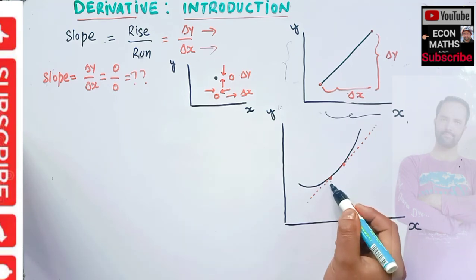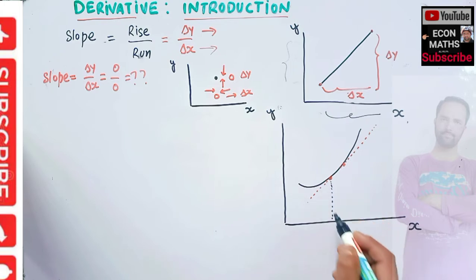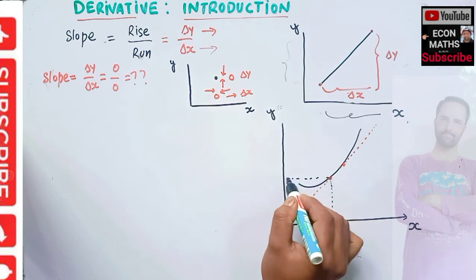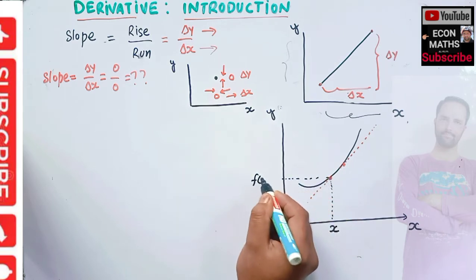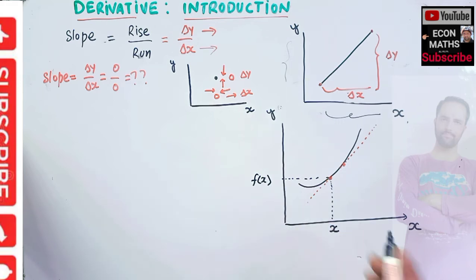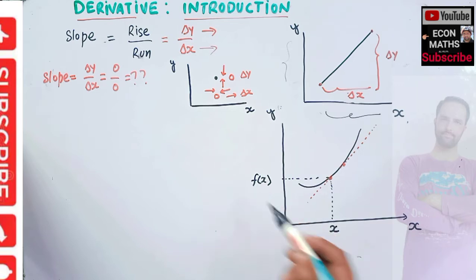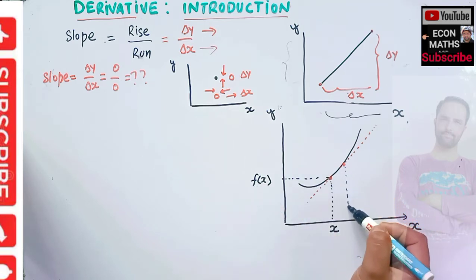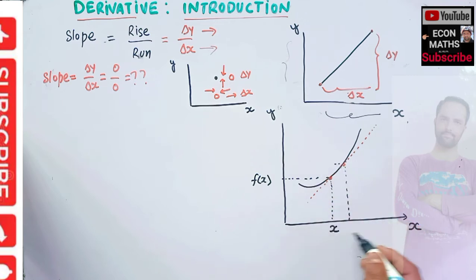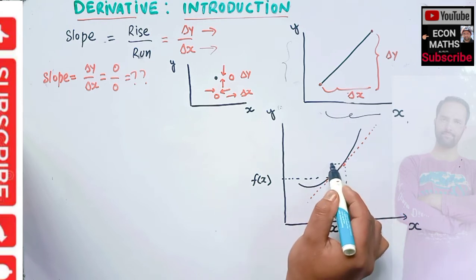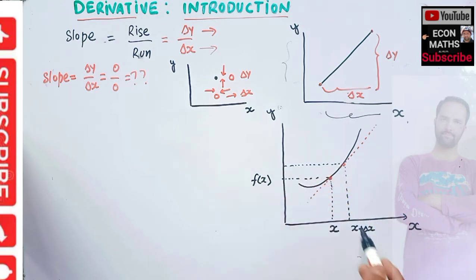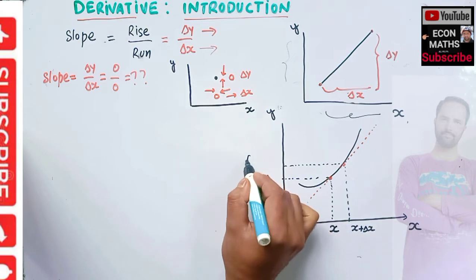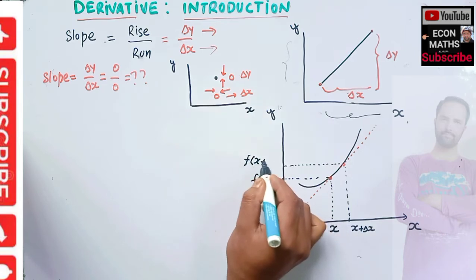Now let us say on the x-axis we are at x corresponding to this point, and our y value is f of x. At this other point, x has changed to x plus del x, which will obviously be greater than x, and corresponding to this point our function will be f of x plus del x.